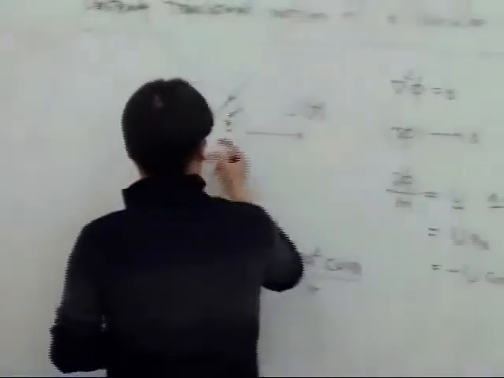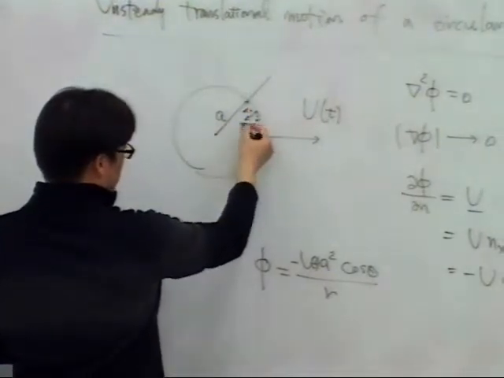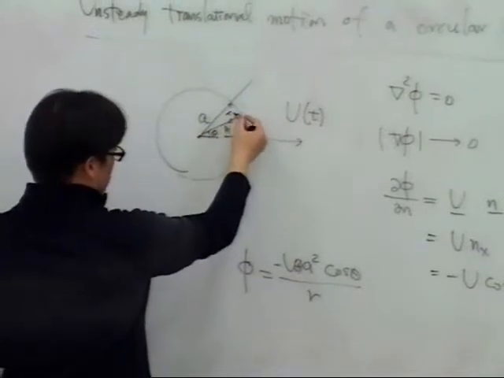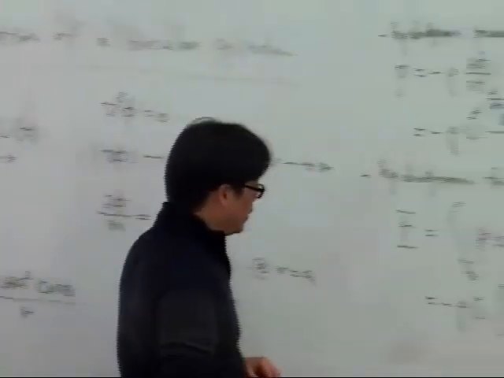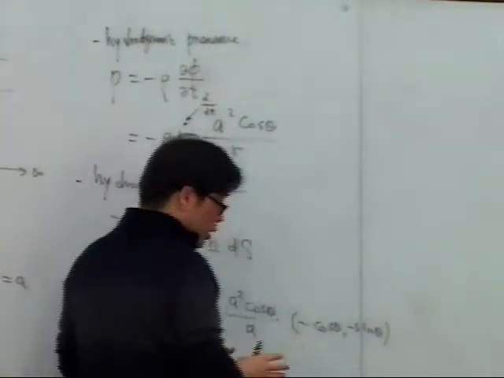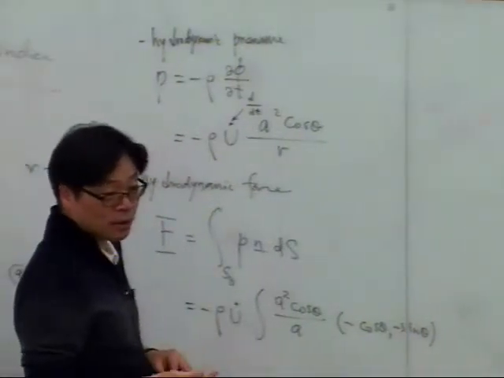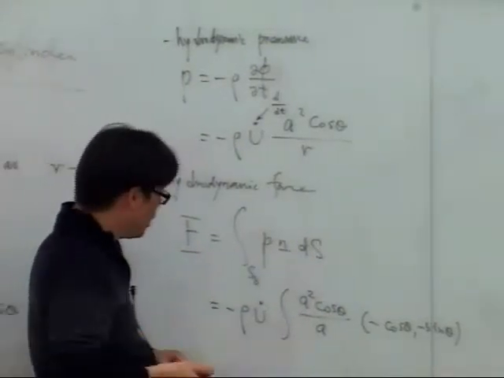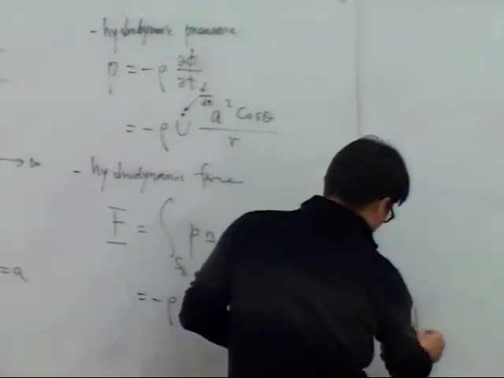right? So this has x component and y component. This is theta, and therefore this is theta. So I have cosine and sine. And ds, this is the area, or in a two-dimensional problem, we are looking at hydrodynamic force per unit length, because we are not integrating in the perpendicular direction. So we have a d theta.